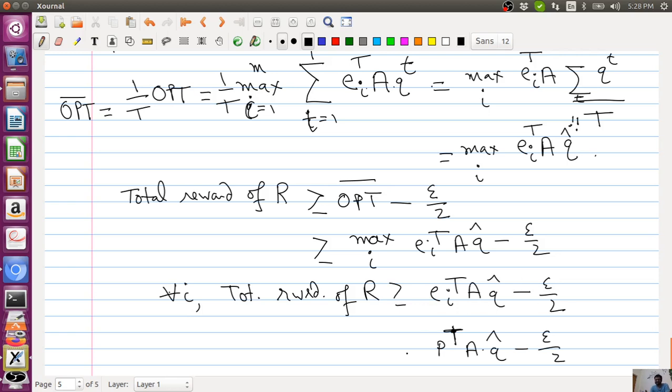So if the strategy is chosen by some probability distribution, then the average reward will also satisfy this inequality. This is just because if a bunch of numbers is at most something, then a weighted average of those numbers is also at most the same quantity. That's it.